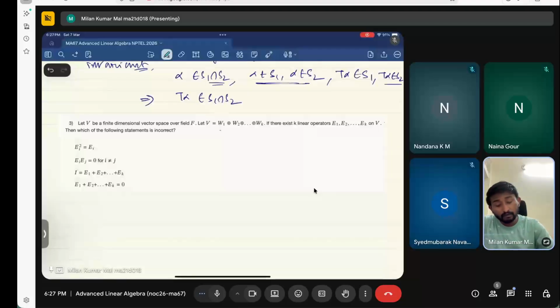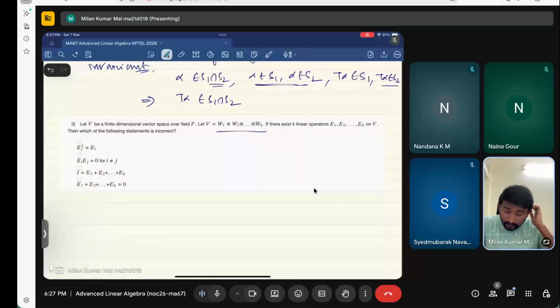I will discuss. Now what the question says is that V is a finite dimensional vector space over the field F and V is equal to W1 direct sum W2 direct sum WK. If there exist k linear operators E1, E2, up to Ek on V, then which of the following statements is incorrect?